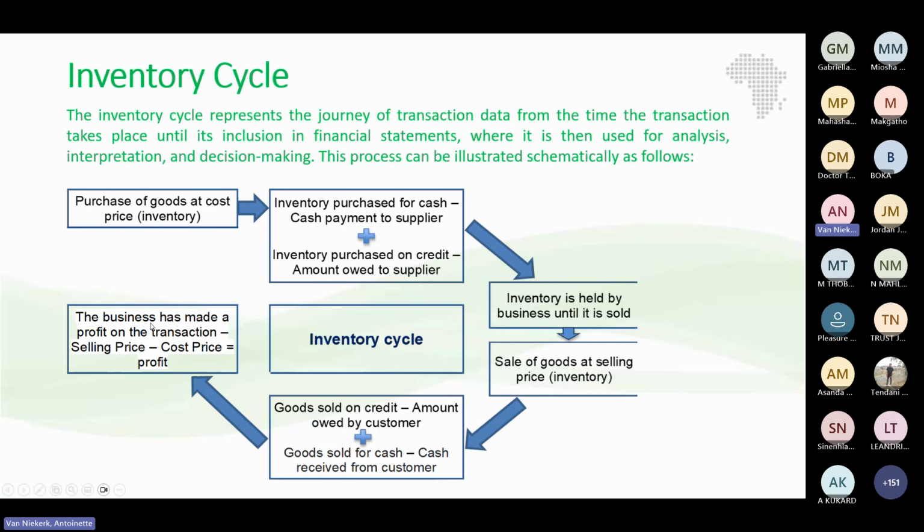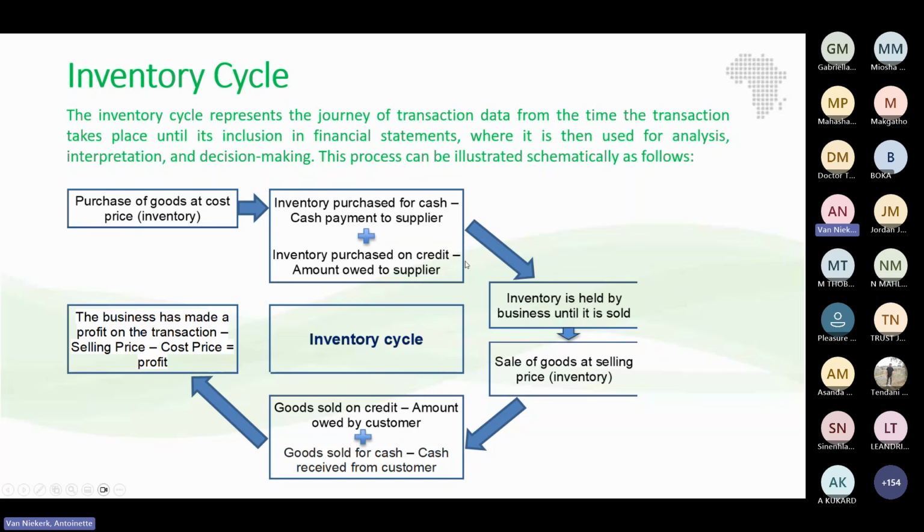Now, when you have inventory that you purchased on credit, you will still increase your inventory account because you still purchased inventory, only now on credit. So your inventory account will again be debited since it's an asset account.